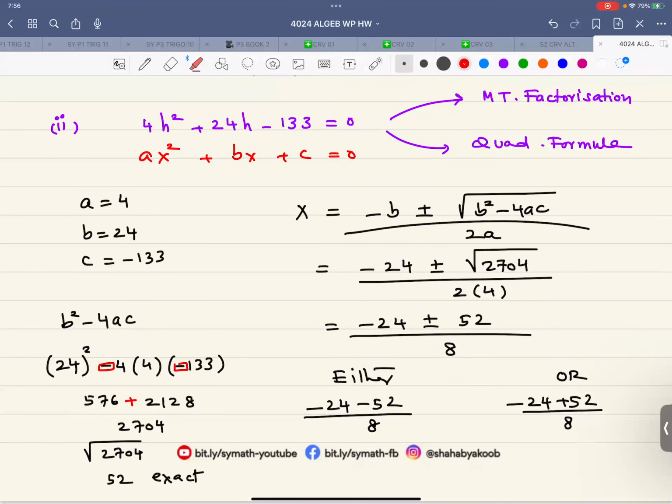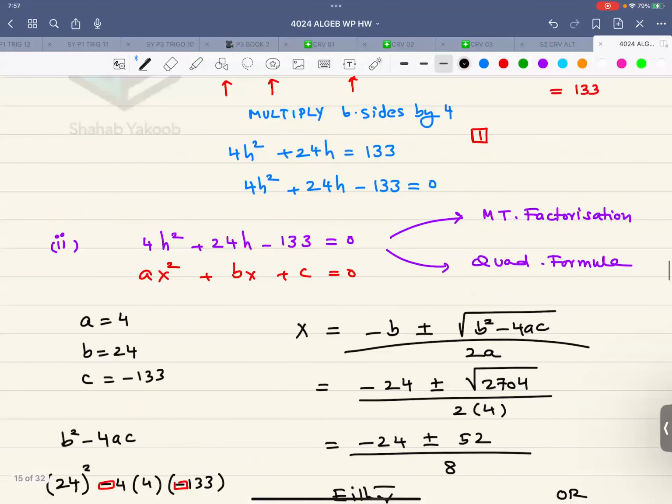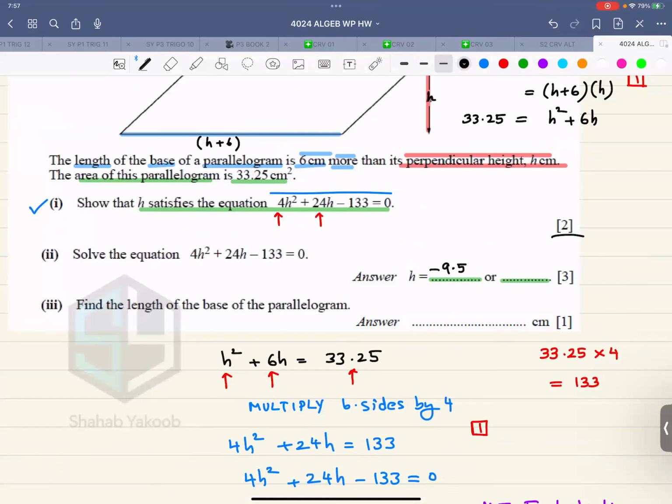So 24 plus 52, that is 76, divided by 8, comes out to be negative 9.5. And 52 minus 24, that's 28, divided by 8, that is positive 3.5. So right over here, negative 9.5. This is positive 3.5.